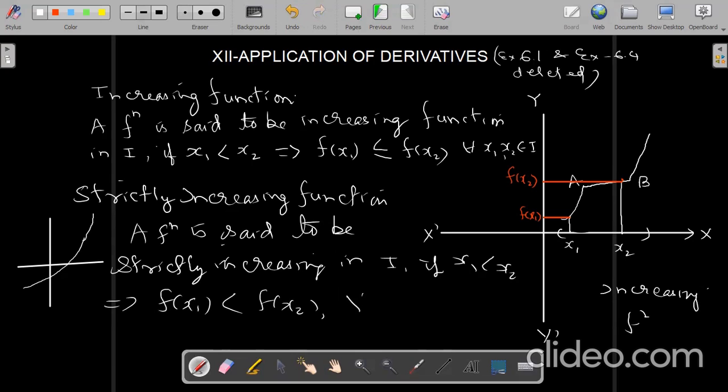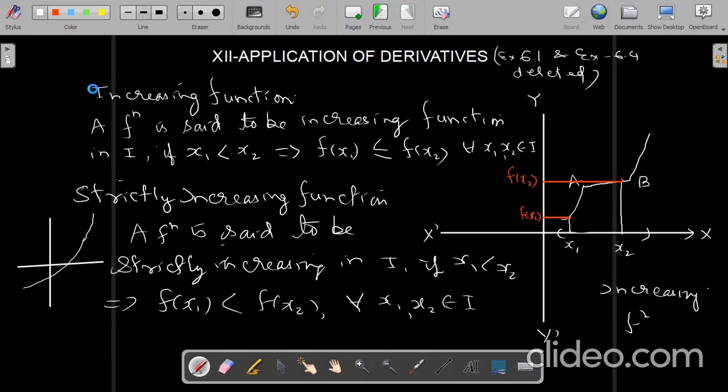This is the symbol for 'for all'. x1 and x2 mean points we are taking inside the interval, obviously. x1, x2 belong to the interval. So this is increasing. The same thing will be applied for a decreasing function.